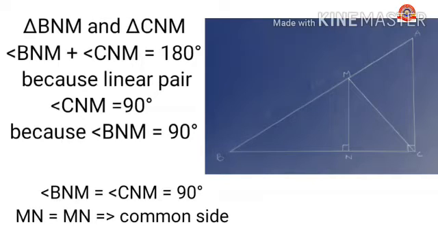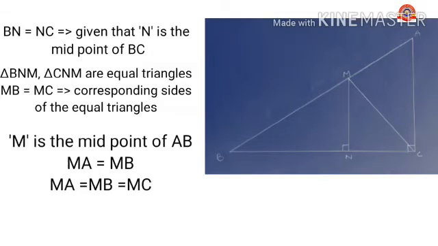Angle CNM is equal to 90 degree because angle BNM is equal to 90 degree. So, angle BNM is equal to angle CNM is equal to 90 degree. Hence, MN is equal to MN, common side, and BN is equal to NC, given that N is the midpoint of BC. Therefore, triangle BNM and triangle CNM are equal triangles.